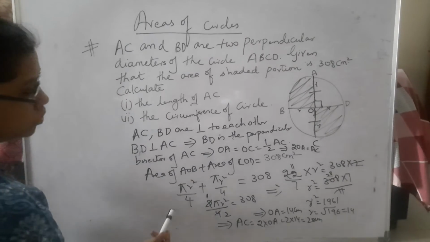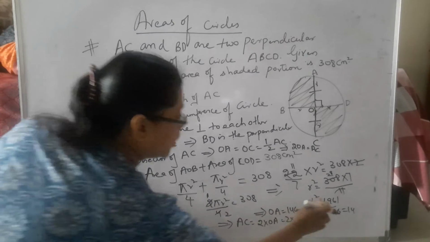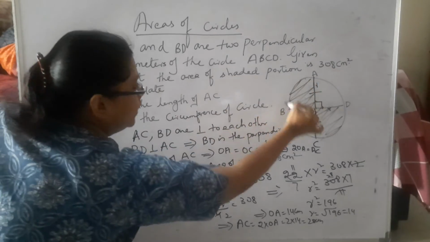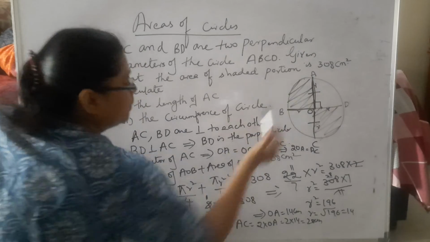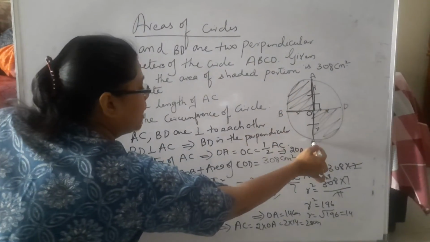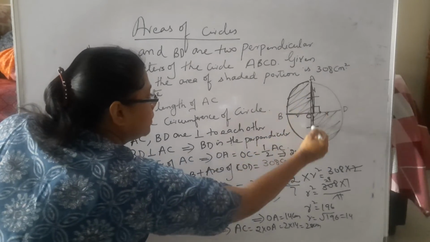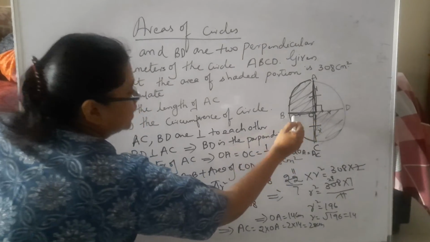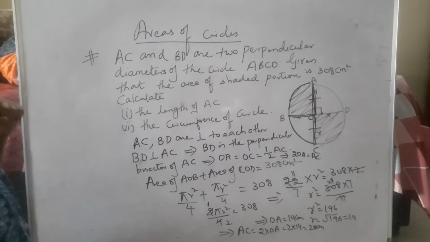I calculated it and I got r square as 196, so the radius is 14. For a quadrant, this and this will be the radius, is it not? Because it's half of the semicircle, the whole thing will be your diameter. If you take this as your semicircle, this is the diameter, so this will be the radius. You know that the radius is the same throughout the circle.